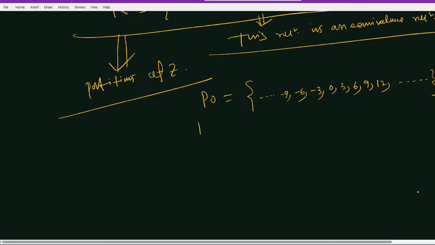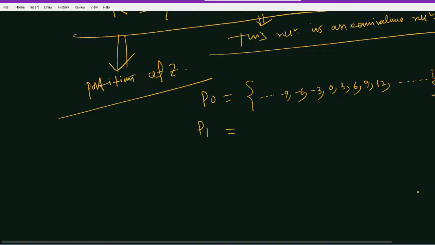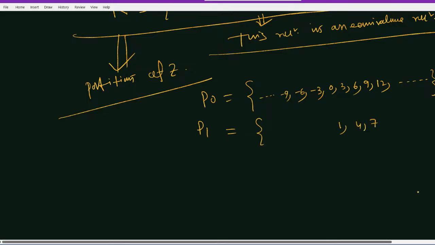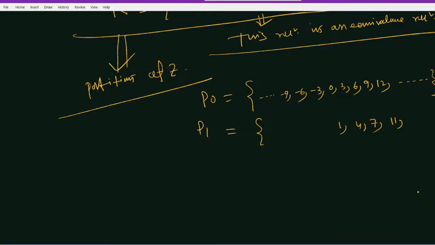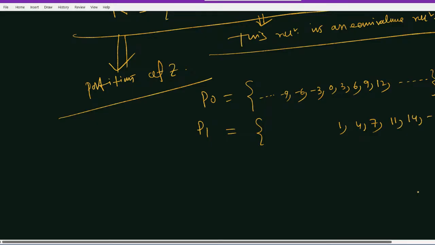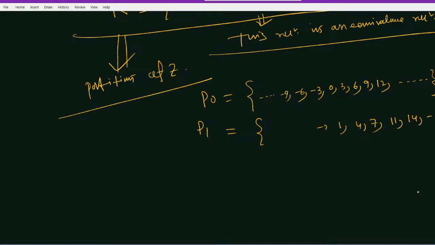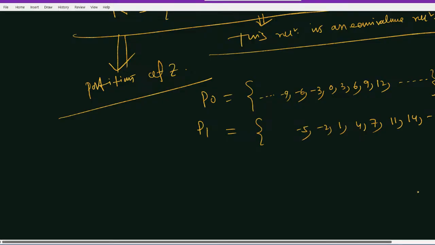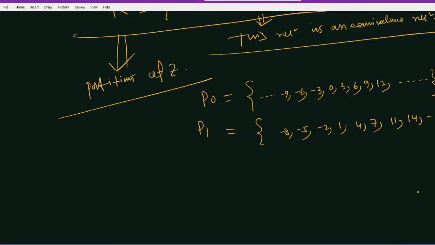But can I take it in this manner also? P1, keeping 1 at the center: 4, 7, 10, 13 like this, minus 2, minus 5 like this.